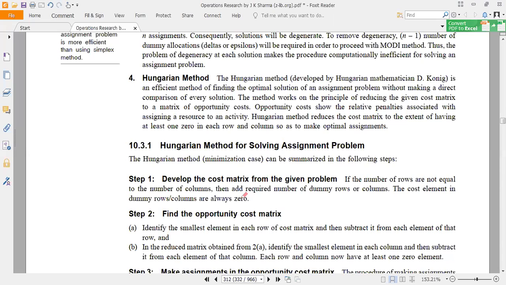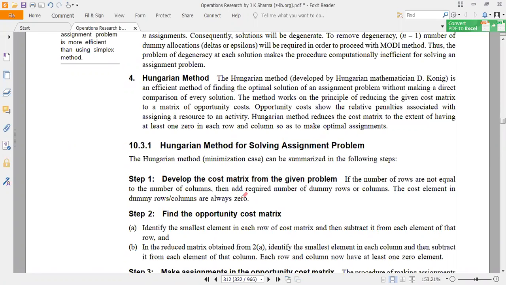No, there will never be a case where there will be a balanced problem without having a square matrix. Why? Because as I said, each operator can work on only one machine. That is, supply and demand is equal to 1. So the problem can never be balanced if it is not a square matrix.